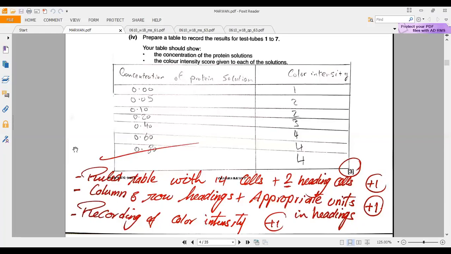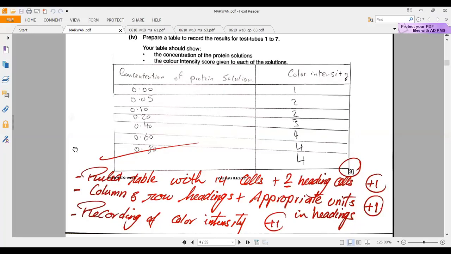But number one, the table must be ruled. Draw with ruled lines, with appropriate columns and rows. This is 1 mark. Second mark is the headings.